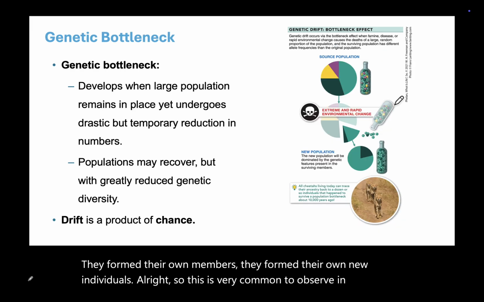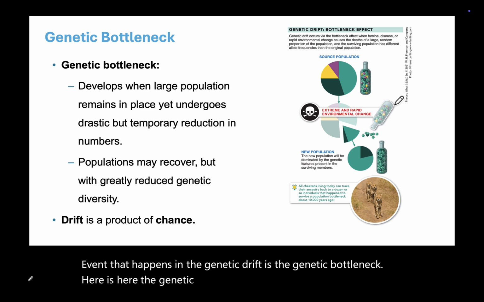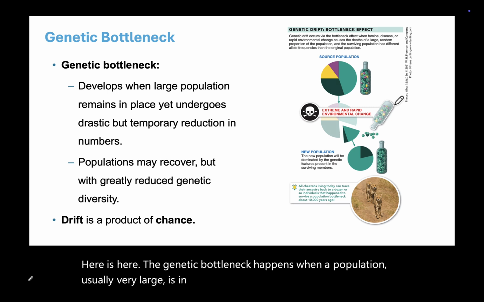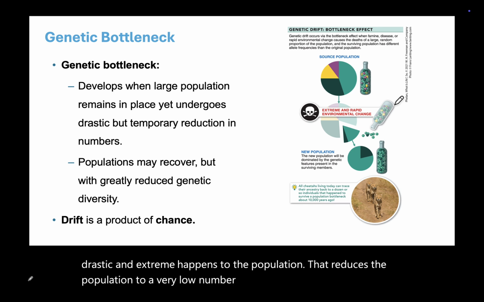Another event that happens in genetic drift is the genetic bottleneck. The genetic bottleneck happens when a population, usually very large, is in a place, but something very drastic and extreme happens to that population that reduces it to a very low number of individuals.